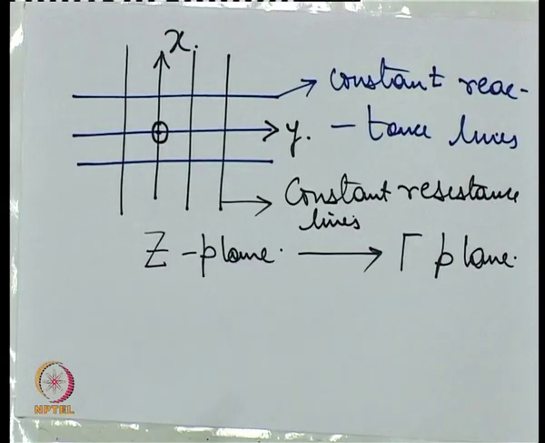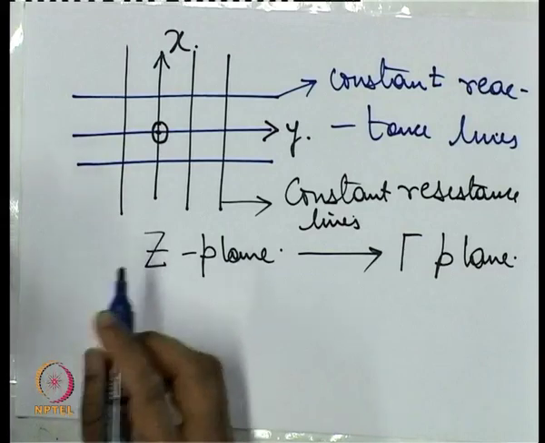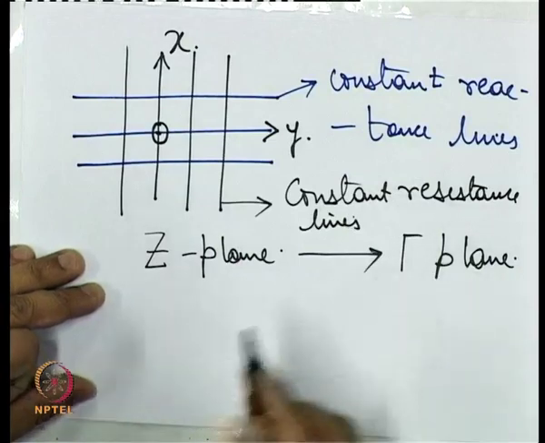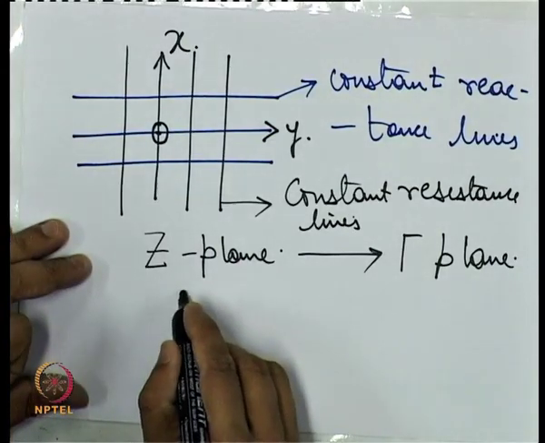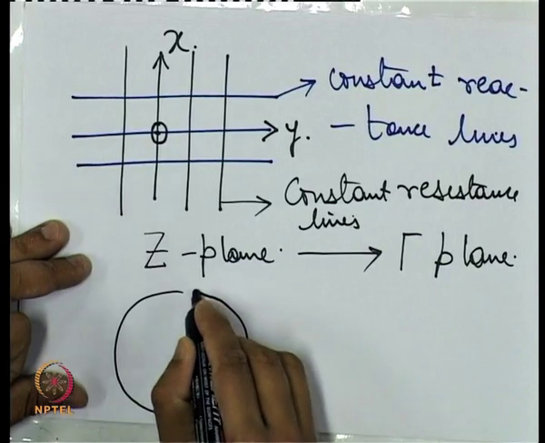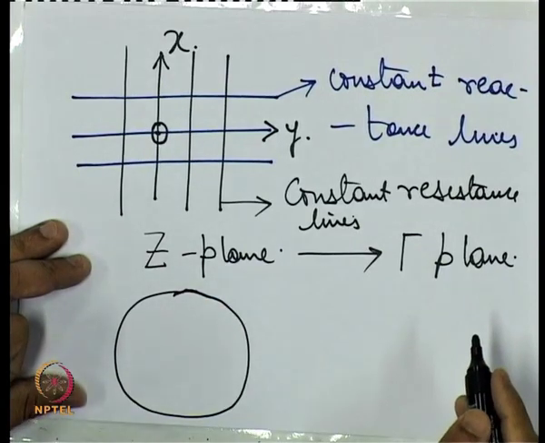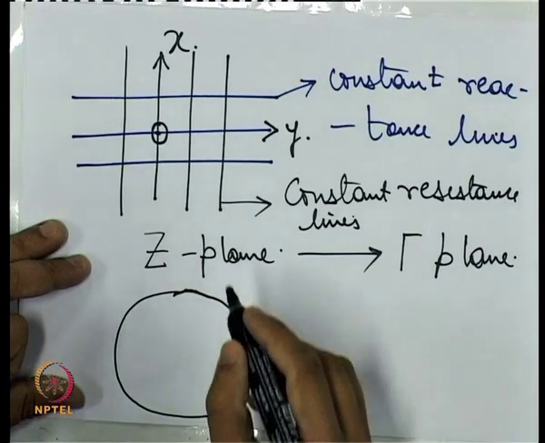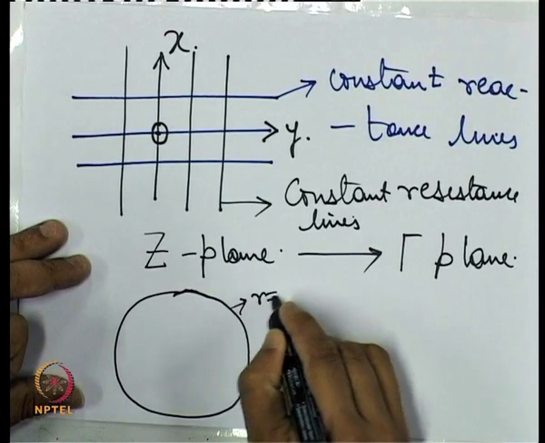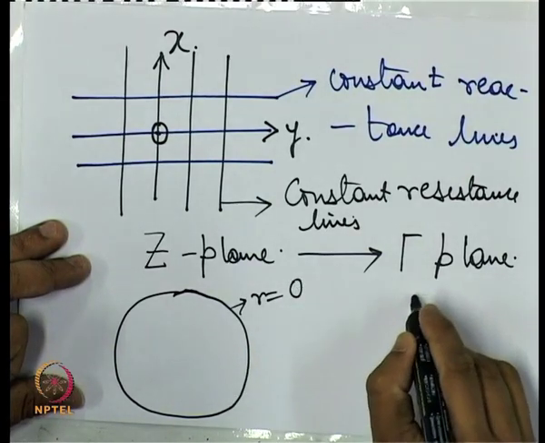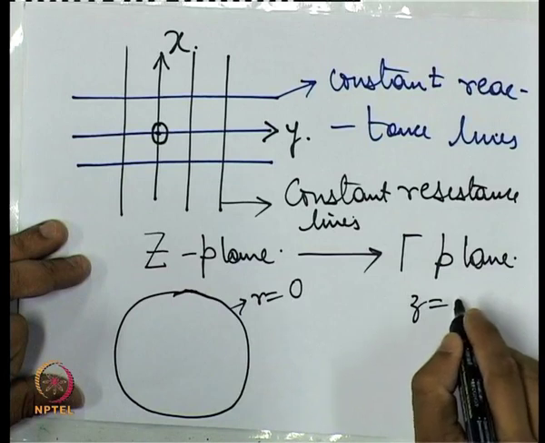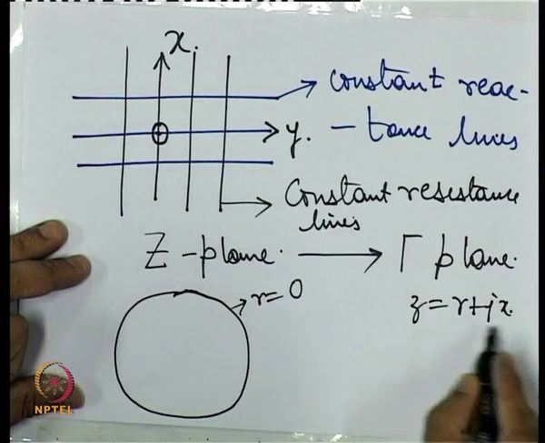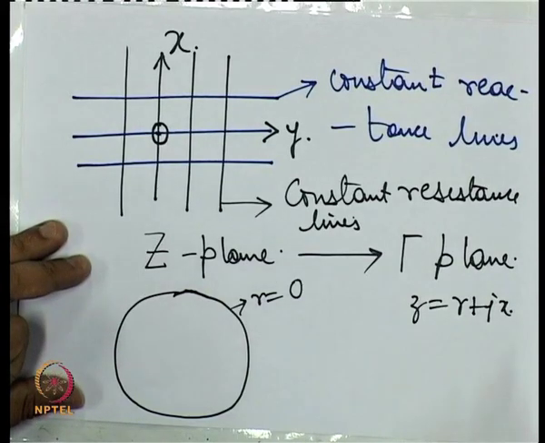Now when you apply this transformation, these constant resistance lines, that is these black lines, are converted to constant resistance circles. I hope this circle is pretty enough. So say this is the R equal to 0 circle, where if I write the normalized impedance as R plus jx, then R is the normalized resistance and x is the normalized reactance.